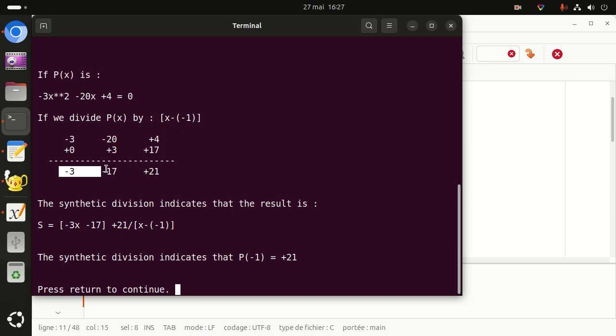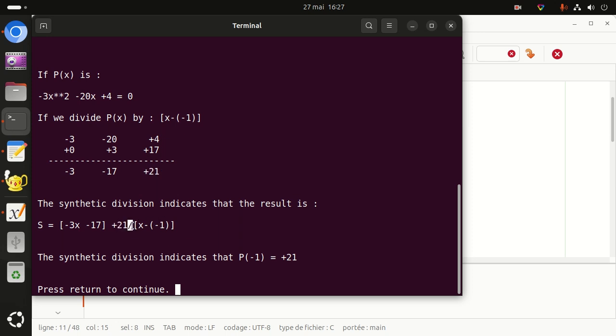The result is here. You can rewrite this result in this manner. The synthetic division indicates that the result is minus 3x minus 17, the two first coefficients, and this is the remainder of the synthetic division, 21.